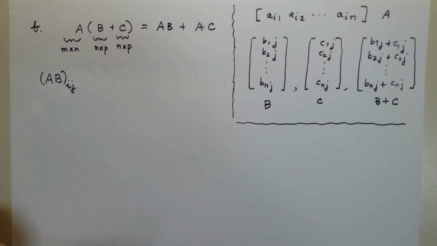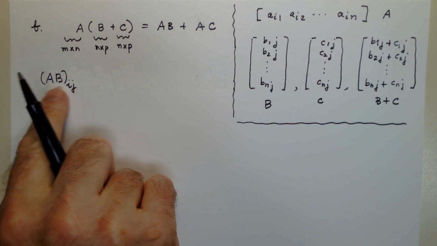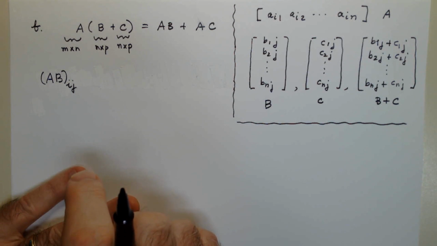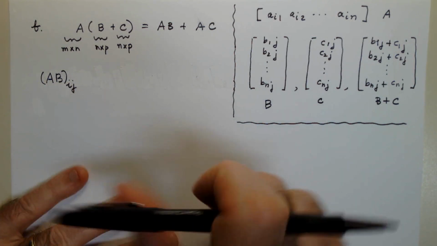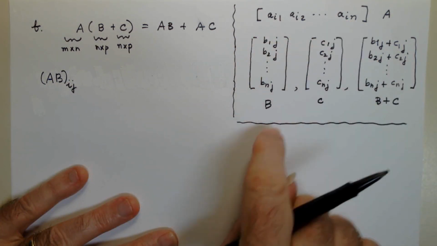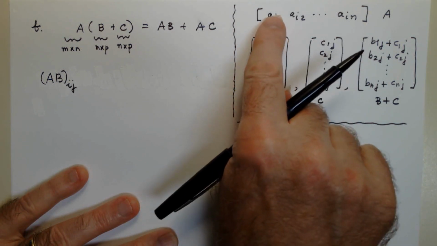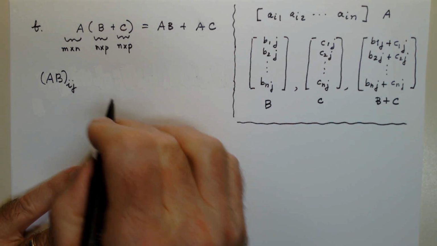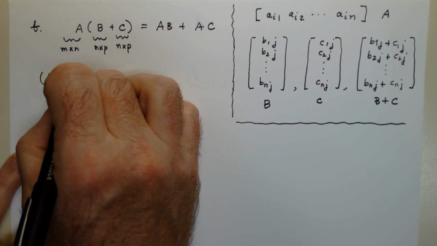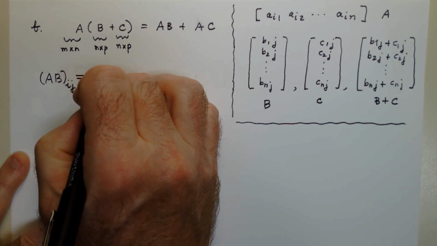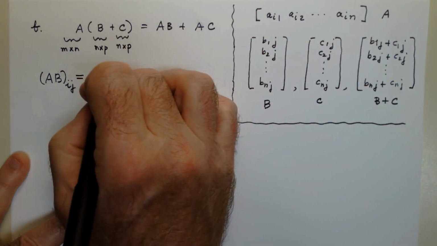Well, we know in principle what to do. We have to take the row i of matrix A and dot it with the jth column of matrix B. A is on the left, B is on the right. So we're going to take the ith row of A and dot it with the jth column of B. That's the dot product of these two vectors, and that's going to produce something like Ai1 times B1j.